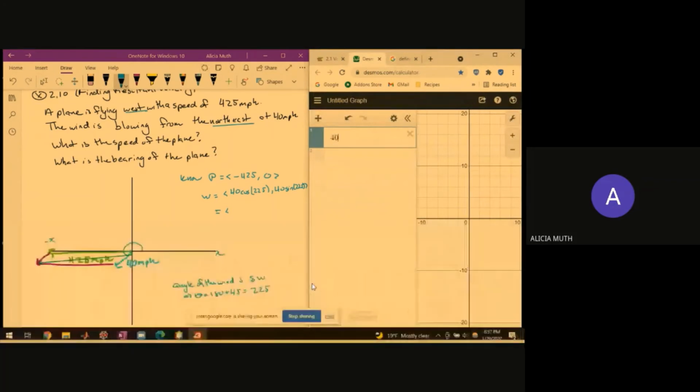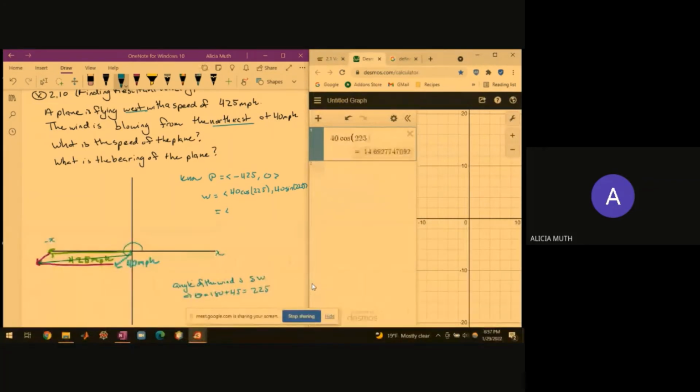So 40 cosine of 225 is approximately negative 28. So I believe this is going to give us root 2 over 2. That 45 degrees tends to do this. So negative root 2 over 2, or negative 20 root 2. And similarly, our sine is going to give us also a negative root 2 over 2. So let me see.